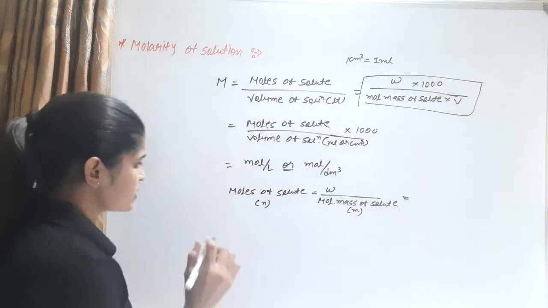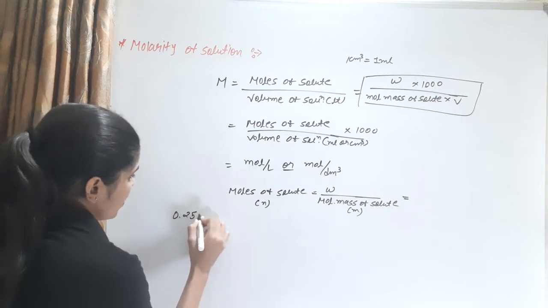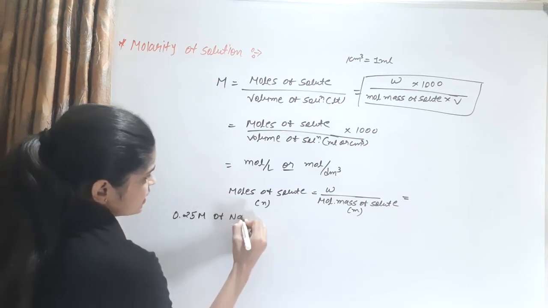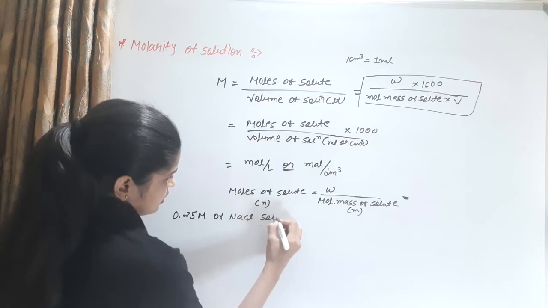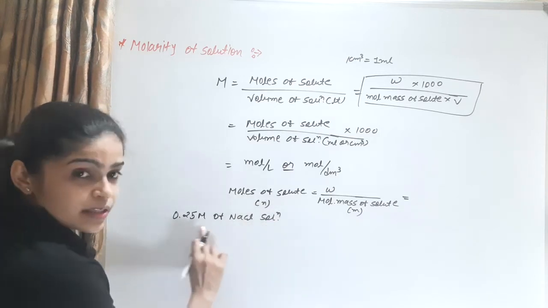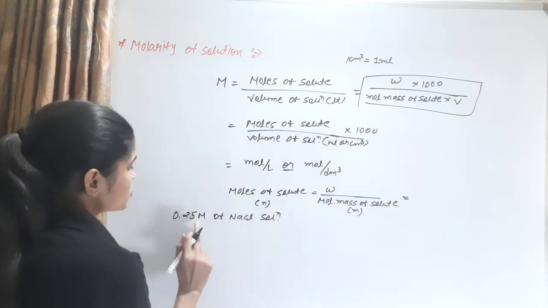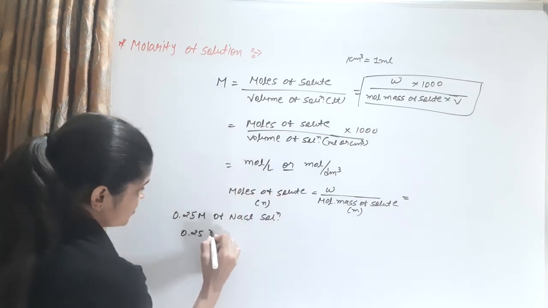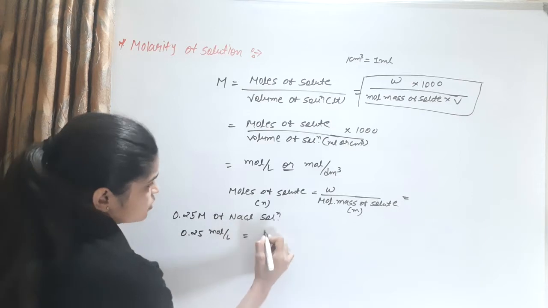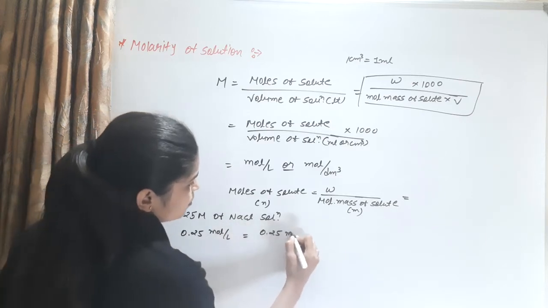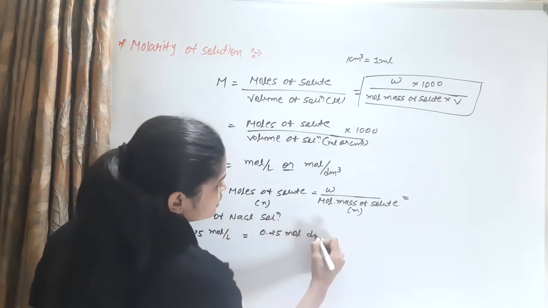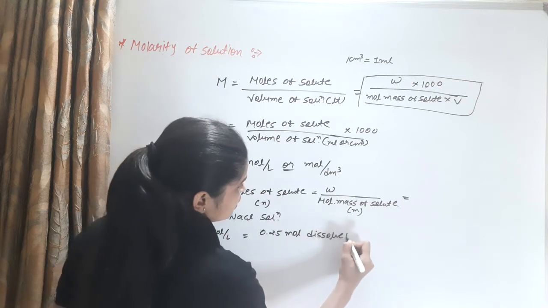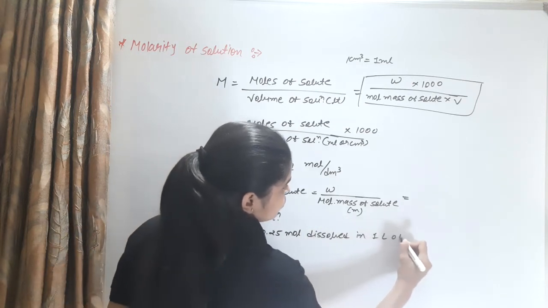For example, consider a 0.25 molar NaCl solution. It means 0.25 molar. The molar unit is mole per liter, so we can say 0.25 mole per liter. So 0.25 mole is dissolved in 1 liter of solution.